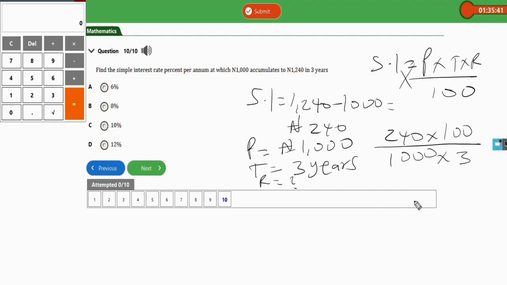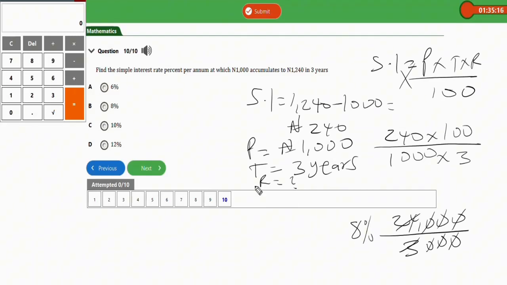But before you do that, 240 naira times 100 will give us 24,000 naira, divided by 3,000 naira. This will cancel this, and 24 divided by 3 will give us 8. So basically the rate will be 8%. That will be the value of R for this question.